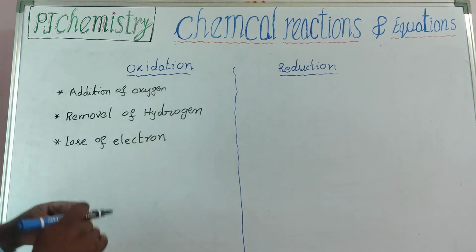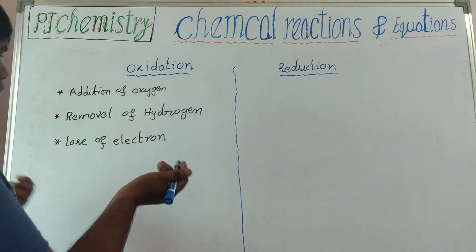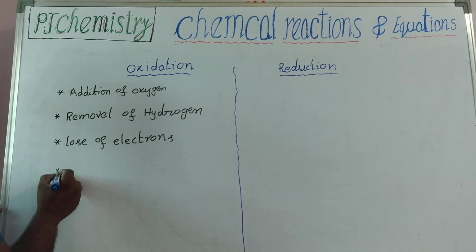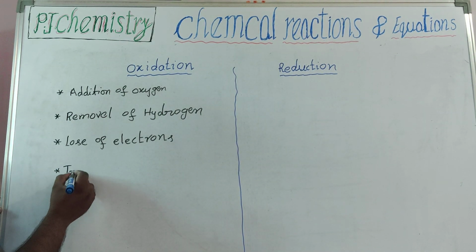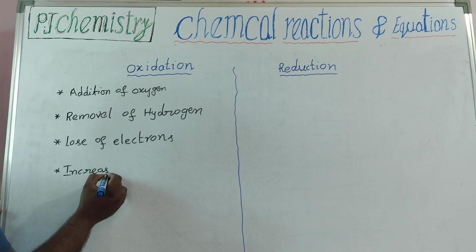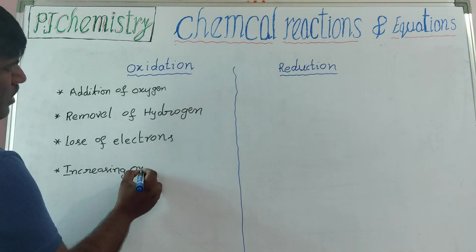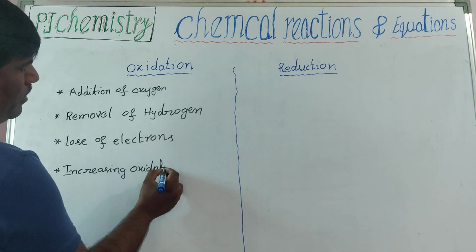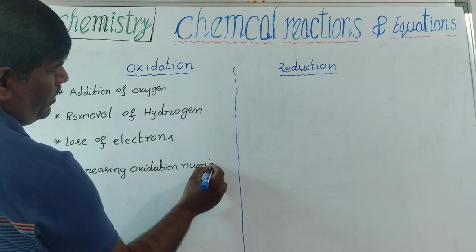When electrons are lost, it will get a positive charge, which means the oxidation number increased. So based on oxidation number, increasing oxidation number.